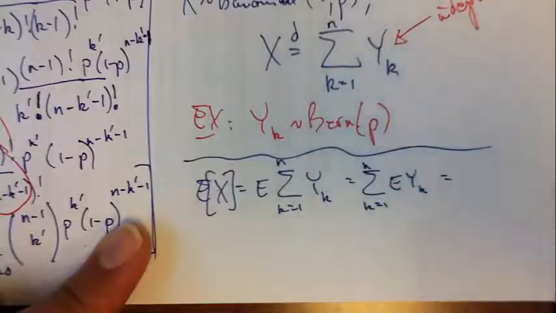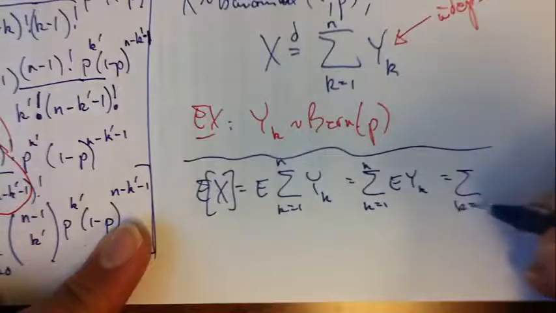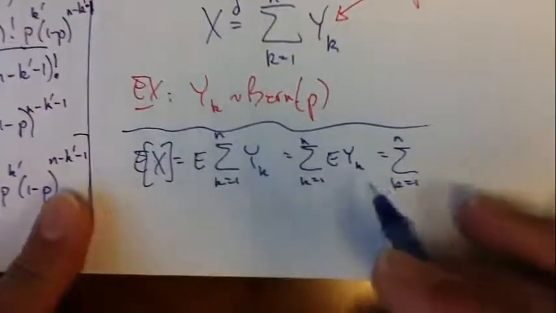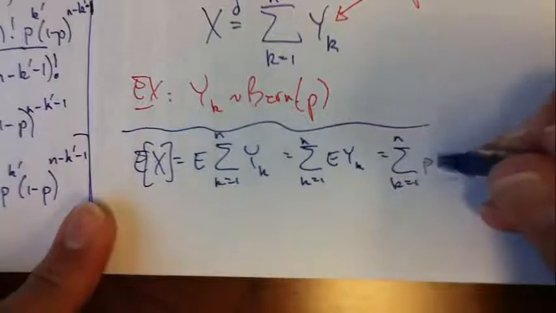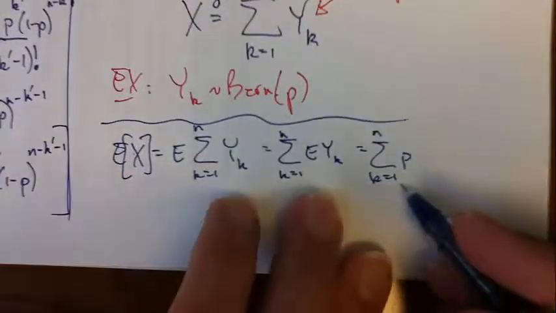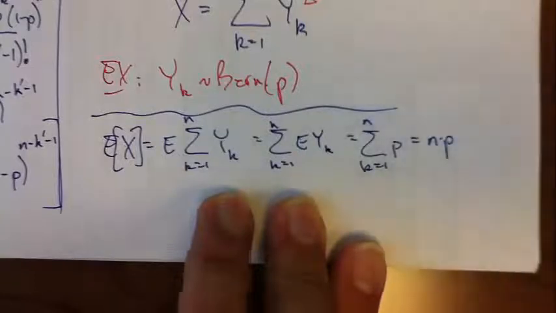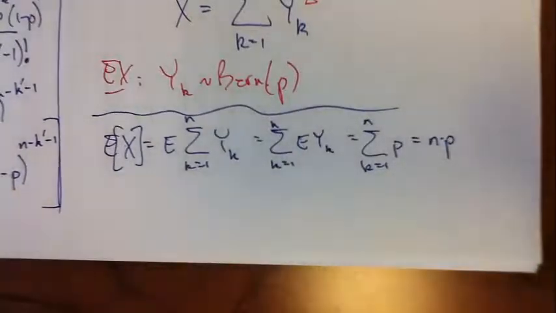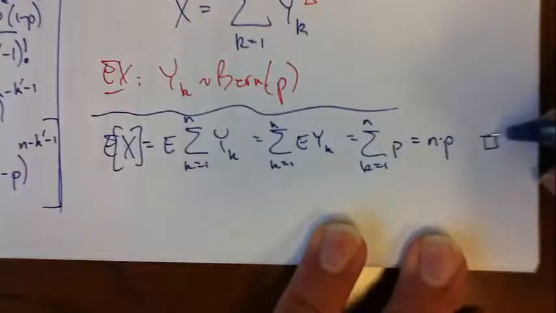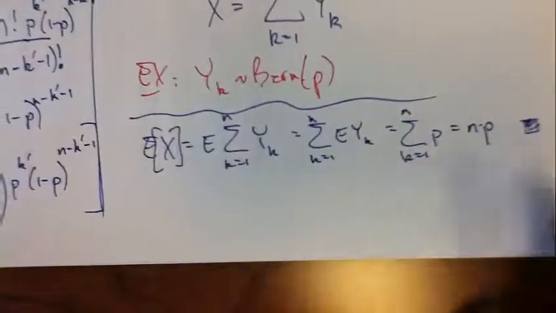And what's the expected value of a Bernoulli? It's just p, right? Now I'm going to sum up n p's. And what is that? np, right? That's what multiplication means, okay? And multiplication is just a shortcut for addition, all right? Hey, that's a lot quicker than all that other stuff we did.